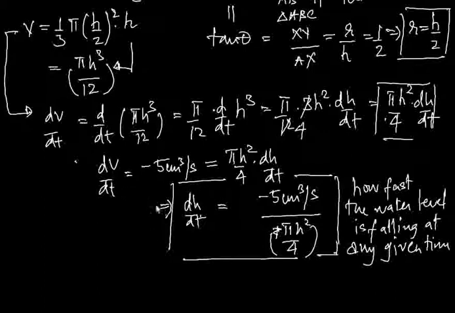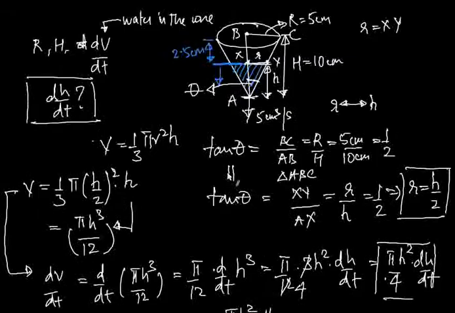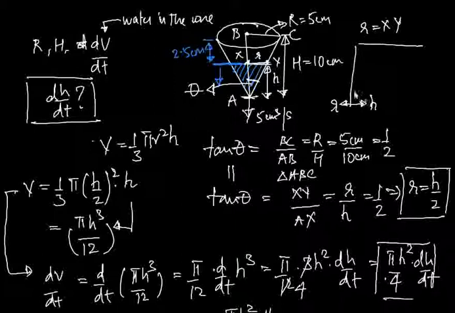But we are not interested in how fast it's falling at any given point of time. We're interested in the value of dh by dt at a very specific point of time, and that specific point of time is when the water level is 2.5 centimeters from the top. So what is the value of h? Let me just section out an area over here, because this is going to be a quick calculation.